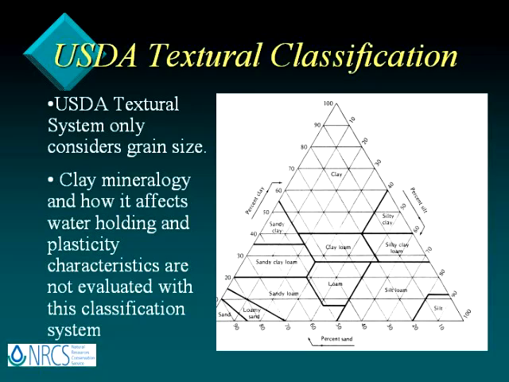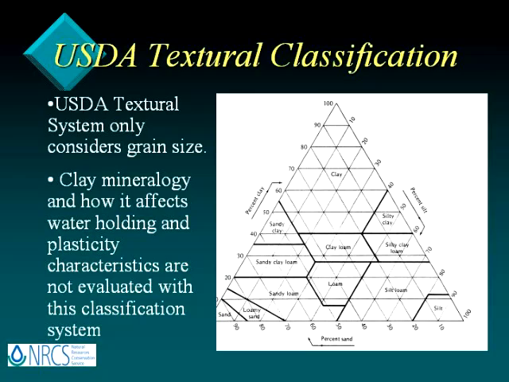Now notice the triangle in the graph on this slide. The purpose of the triangle is to separate the three main textural classes of soil: sand, silt, and clay. And we can use this triangle to define the USDA textural system of soil, USDA standing for United States Department of Agriculture.